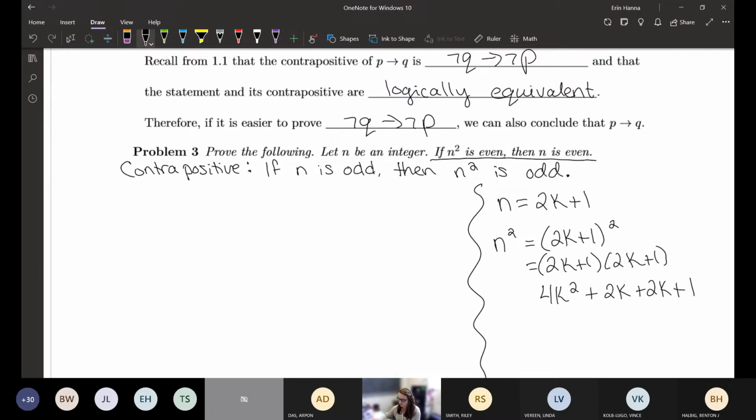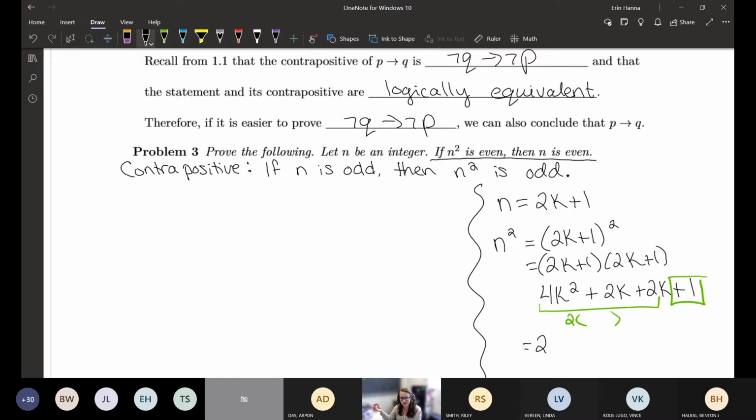Now we want this to be odd, so we need a 2 times something plus 1. I've got the plus 1 right here, so let me not touch that. Can I turn the rest into 2 times something? Since all of the terms I underlined have a 2 in them, I can factor the 2 out of the 4k squared plus 2k plus 2k.